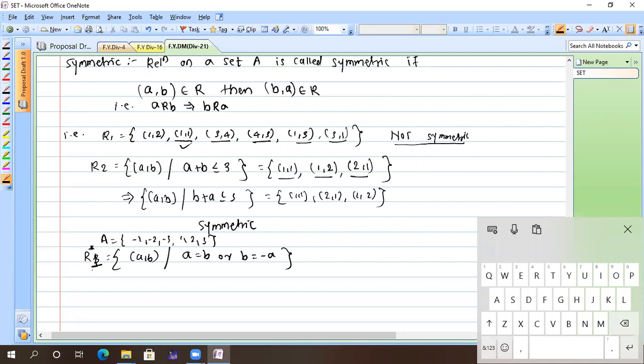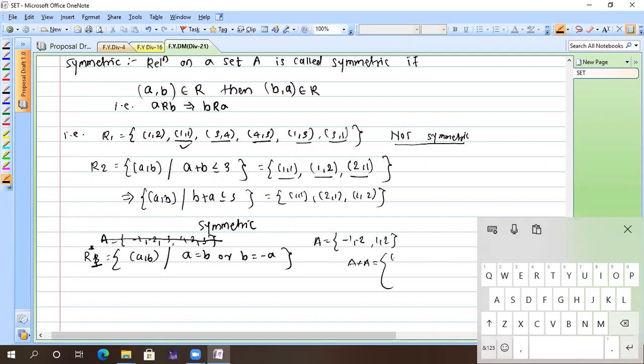It's a big set. If you find A cross A, instead of taking too many elements, I'm just going to take simple elements so you will understand. I will take -1, -2, 1 and 2, only 4 elements. So what comes in my A cross A?